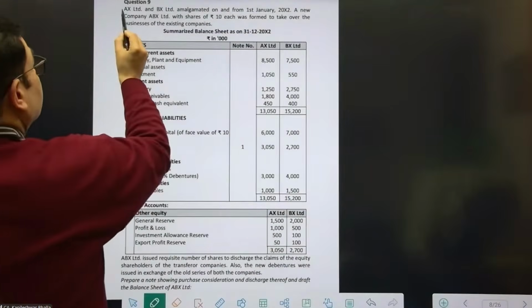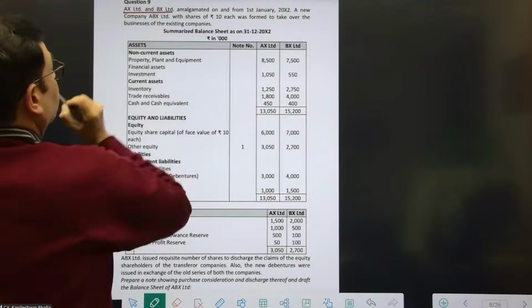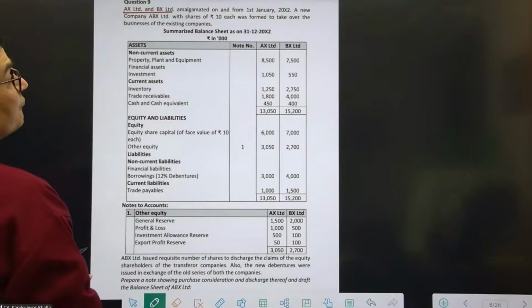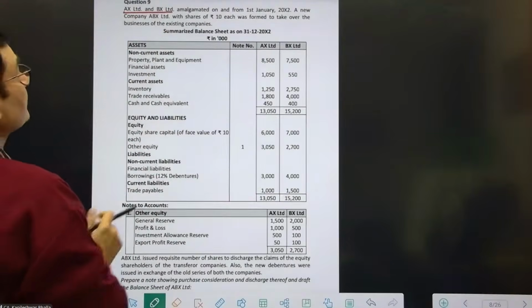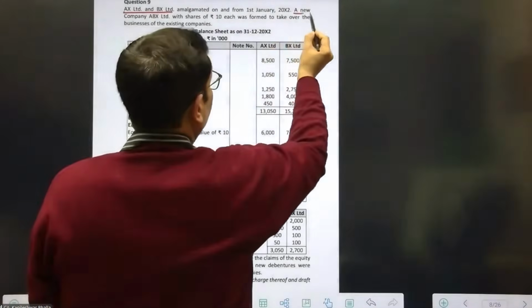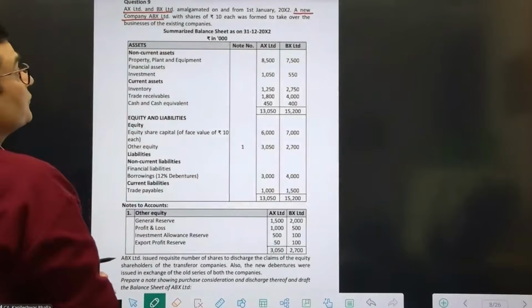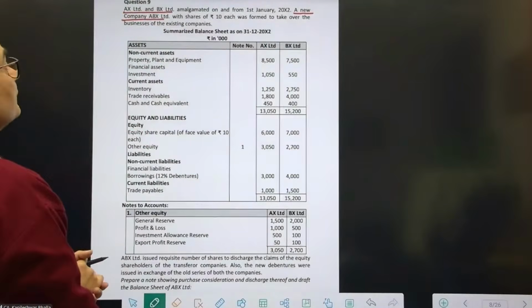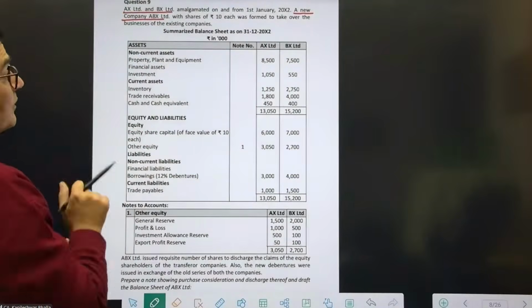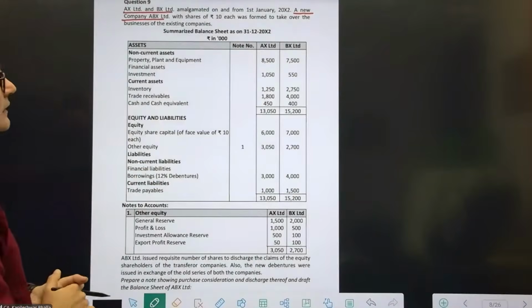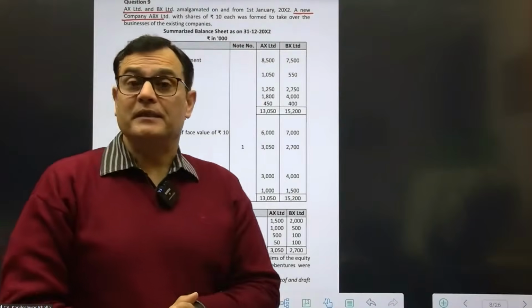It says AX and BX amalgamated on and from 1st January X2. And very clearly it says a new company ABX is created with shares of 10 each, formed to take over the business of the existing companies. So one of the parameters is getting satisfied, that a new company is being created.